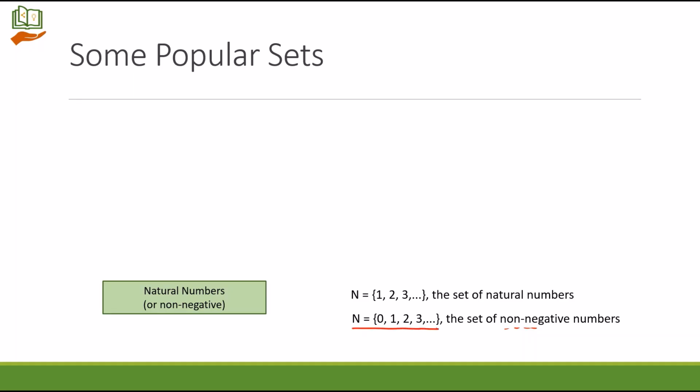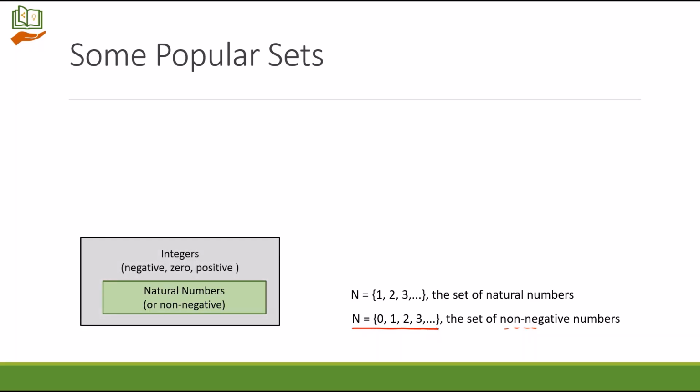Which category includes the natural numbers? Integers. All the positive category will be present in the natural numbers. Integers are represented by capital Z. It includes negative numbers, 0 and positive numbers. They are called the set of integers. We also have another category which takes only the positive part of integers.